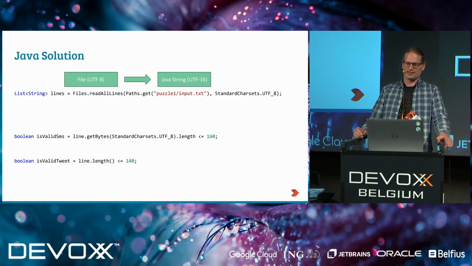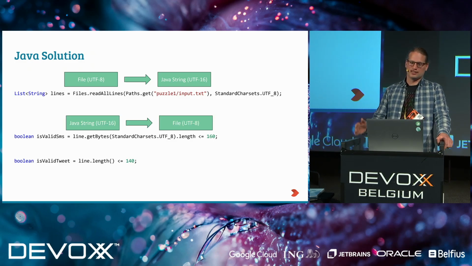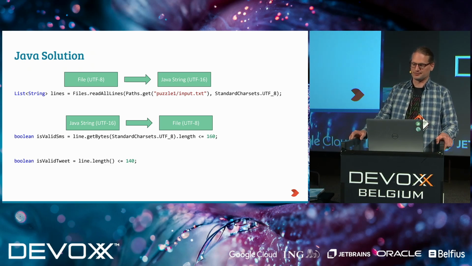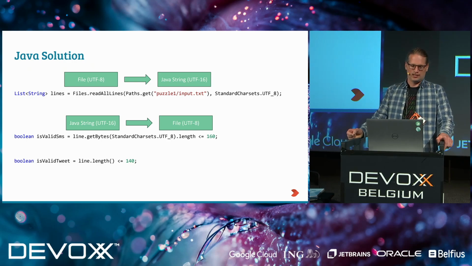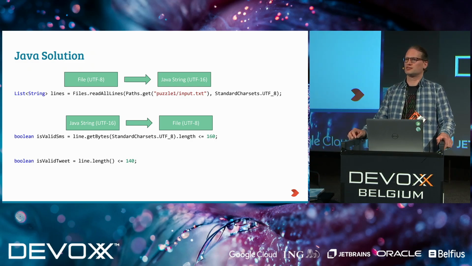So they jumped on that, and that might have been a mistake. In order to get the bytes out, we have to take that internal string representation and go again to UTF-8, and then we can count the bytes. And then finally, we can check the length in characters just using the length method.